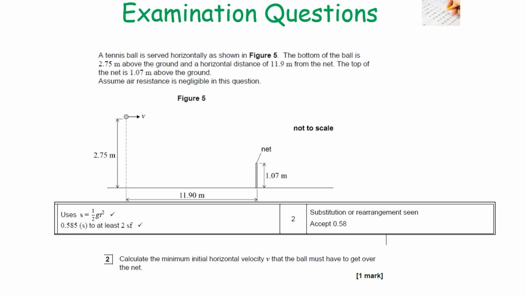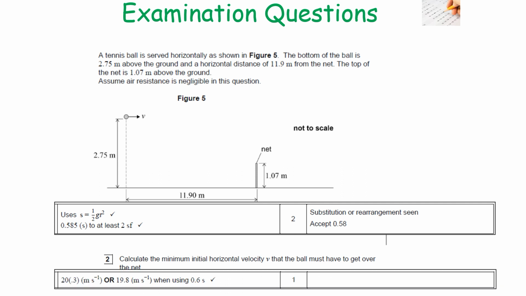Please remember in suvat that the only quantity which can be transferred between horizontal and vertical is the time. So we can say speed is distance over time, or velocity is displacement over time, so the displacement is 11.90 and our time is 0.585, so our answer is 20.3 meters per second.